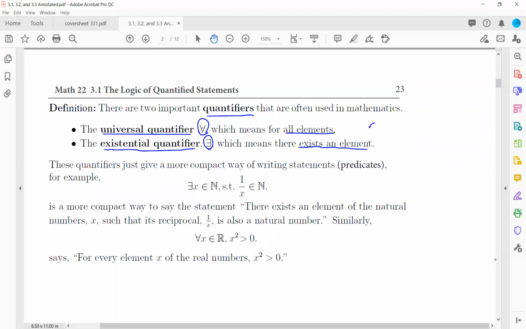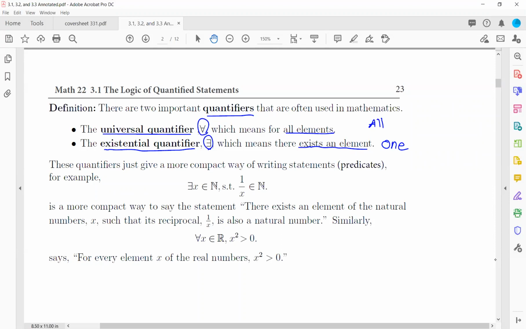So all versus one. These quantifiers are used to give a more compact format of writing statements.